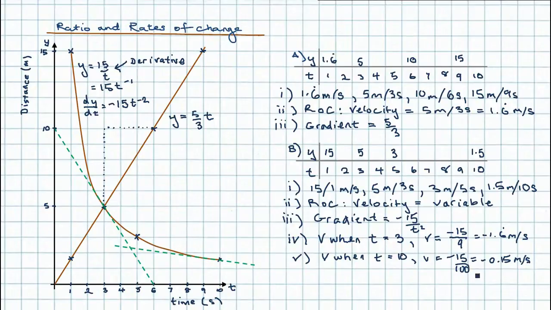So there we are. There's the gradient, and the gradient now, we've just divided the minus 15 by the 100, and we've got a negative gradient, and therefore a negative velocity of minus 0.15 meters per second.